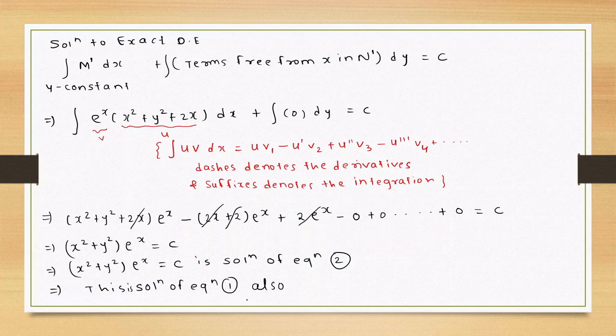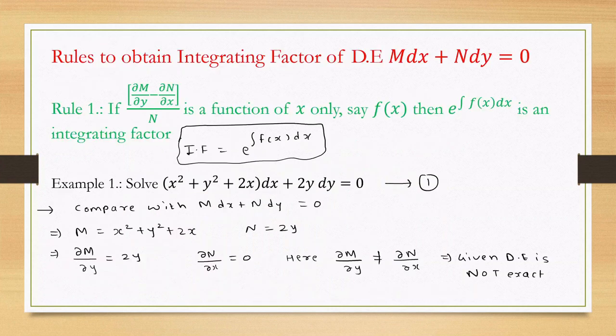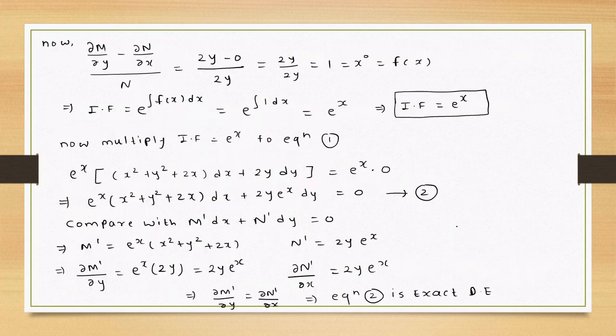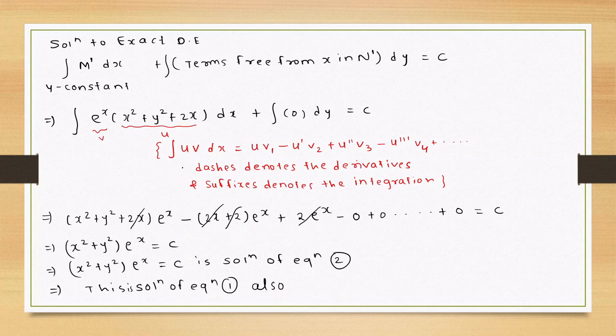Right? Now here we have seen that the given differential equation is not exact, but we have to convert it into an exact differential equation by multiplying some factor. After getting the exact differential equation, we can write the solution for it, and this solution is the solution of the exact differential equation and of the given problem also. Right? I hope you understood the first example.